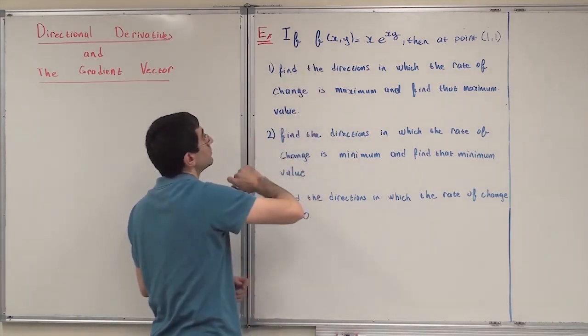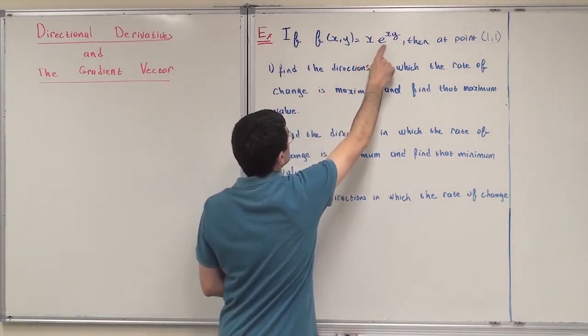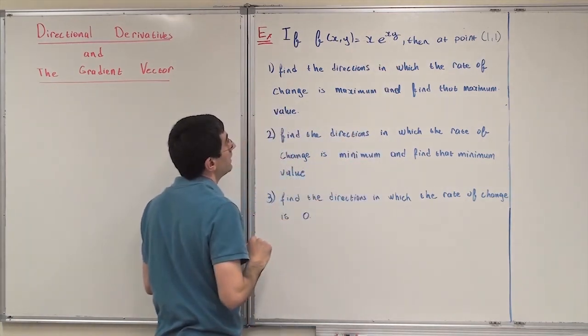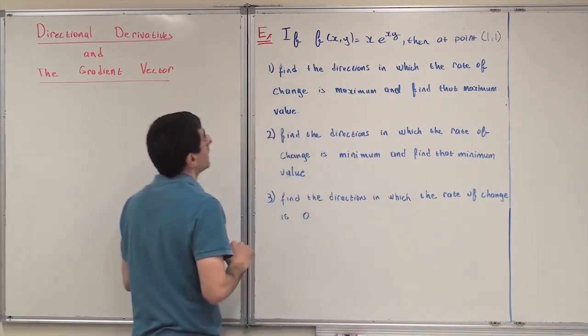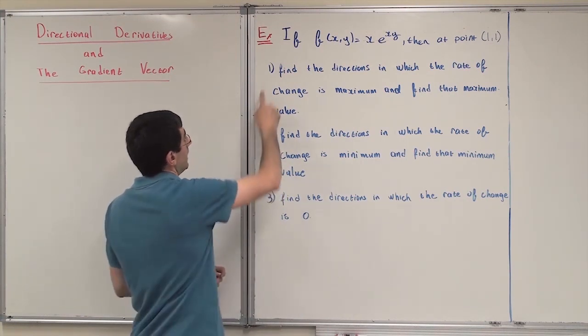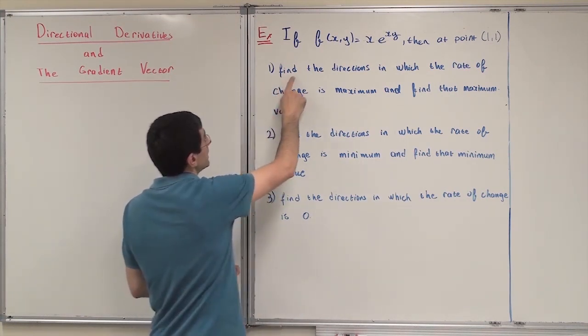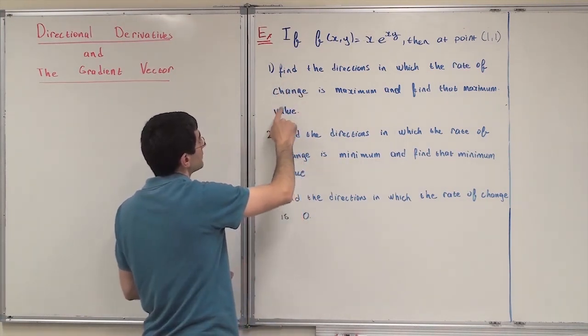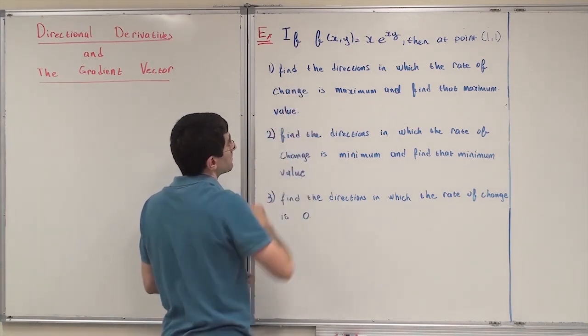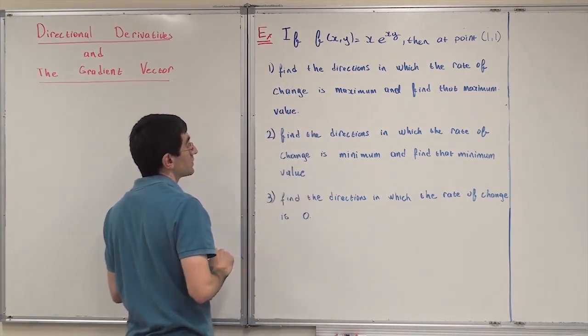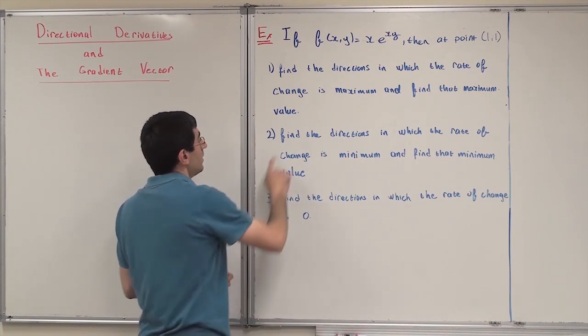Here we are given a 2 variable function, x times e to the power xy. Then we want to find 3 things. First, the directions in which the rate of change of f is maximum, and we want to also find the maximum value.